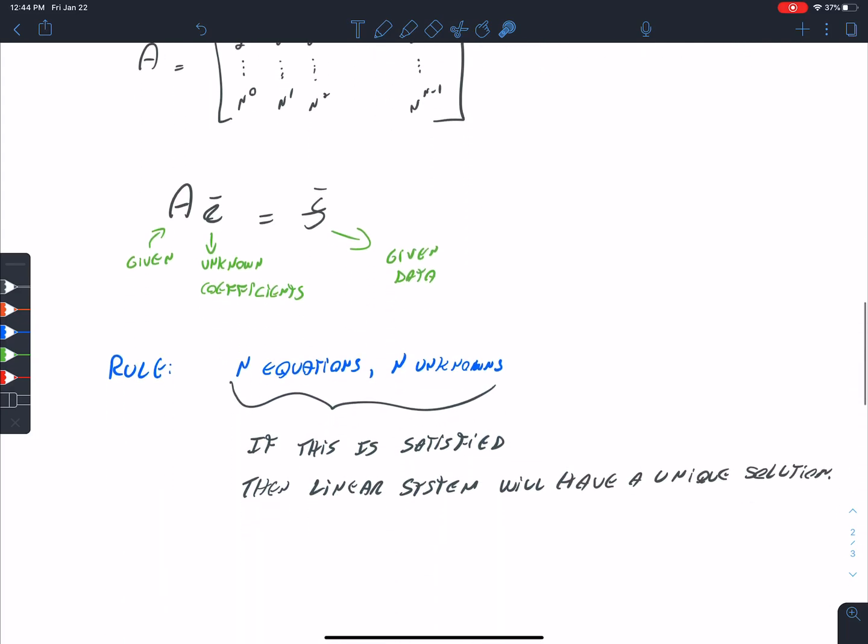And the conclusion is that for this linear system to have a unique solution, we need to have n equations and n unknowns. If that is satisfied, we will have the solution.